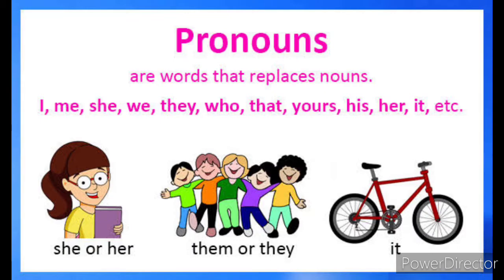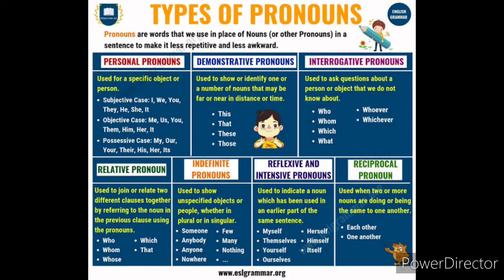These are the pronouns in English. This pronoun is further divided into many types. Children, there are many types of pronouns in English. Pronouns are the words that we use in place of nouns in a sentence to make it less repetitive. The types of pronouns are listed here.